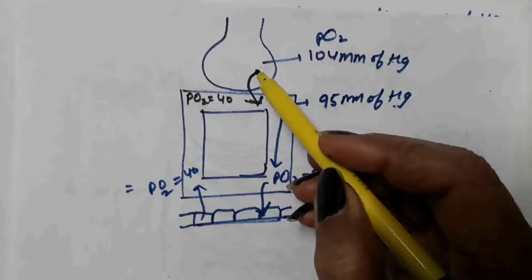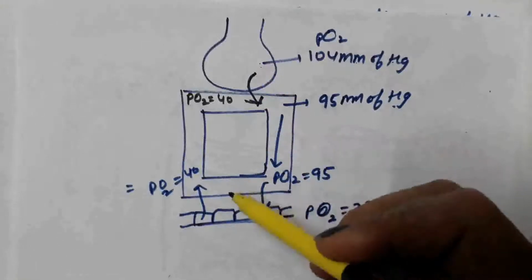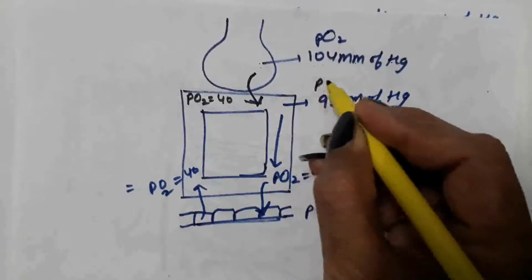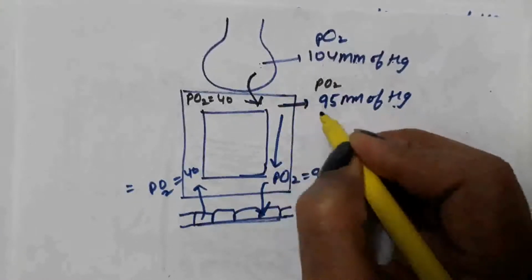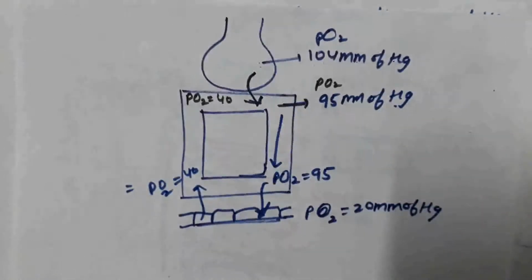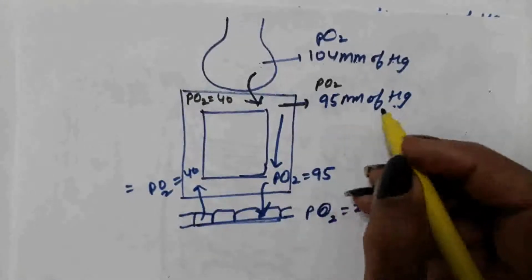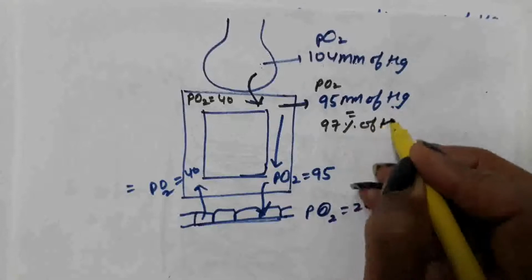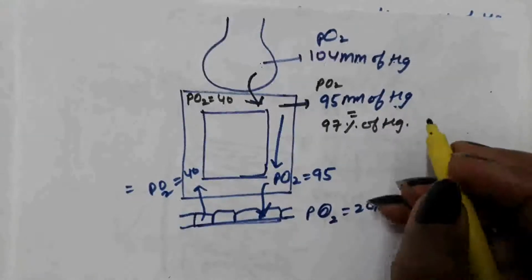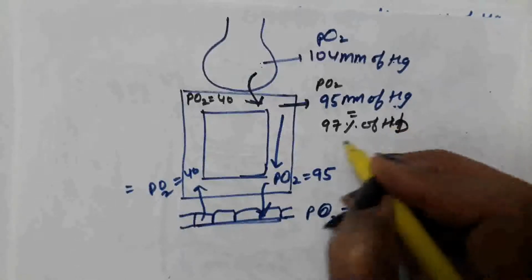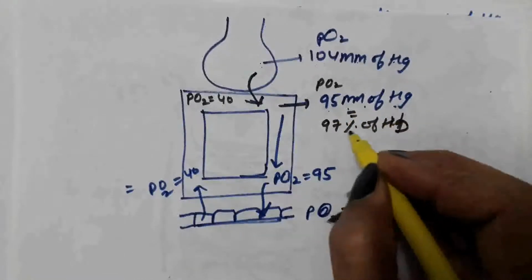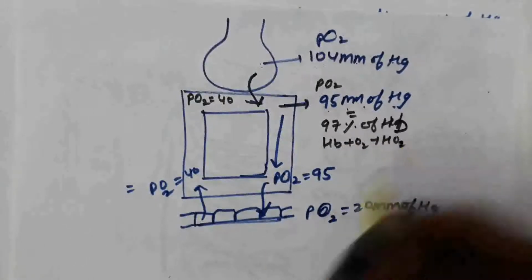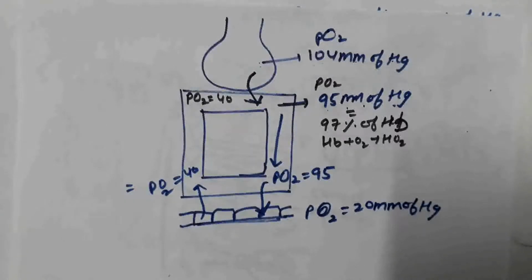And when oxygen transfers from the lung alveoli to blood, the partial pressure of oxygen is equal to 95 mm of mercury, and at this 95 mm of mercury, about 97% of hemoglobin is saturated. At 95 mm of mercury, 97% of hemoglobin combines with oxygen to form oxyhemoglobin and helps in the transport of oxygen.